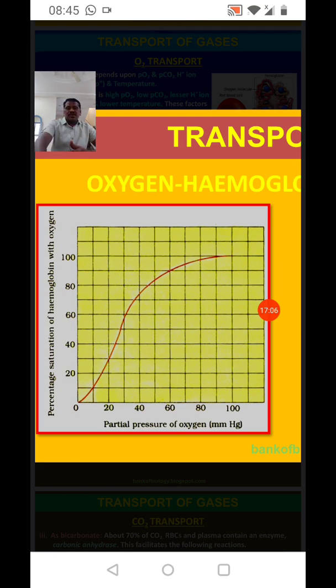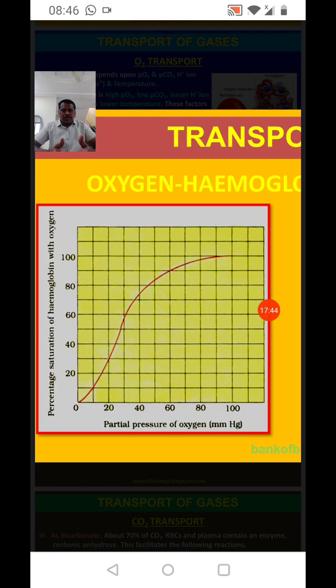This saturation of hemoglobin completely depends on the partial pressure of oxygen, partial pressure of carbon dioxide, hydrogen ion concentration and temperature. Already you might have got an idea: when the saturation of hemoglobin increases, try to tell me, guess.